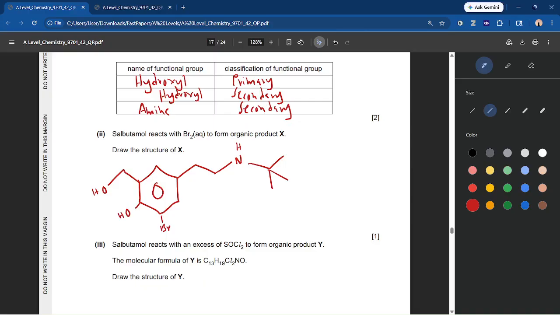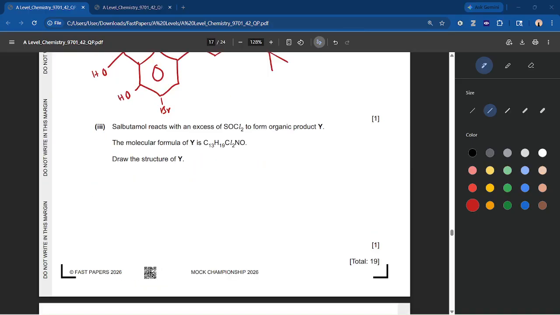Now we have to draw the structure of Y. So this is a very big question. But thankfully we were able to solve it, and we're towards the end. Salbutamol reacts with excess of to form organic product Y. So we're going to have to remove 2 hydroxyls from the structure and instead replace it with chlorine. So let me do it again.